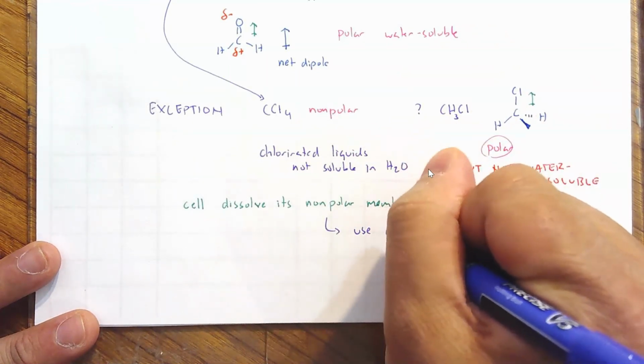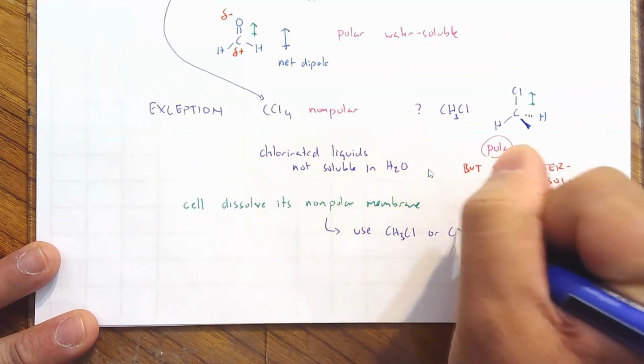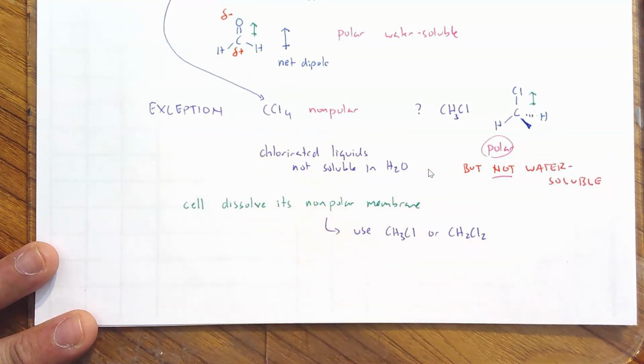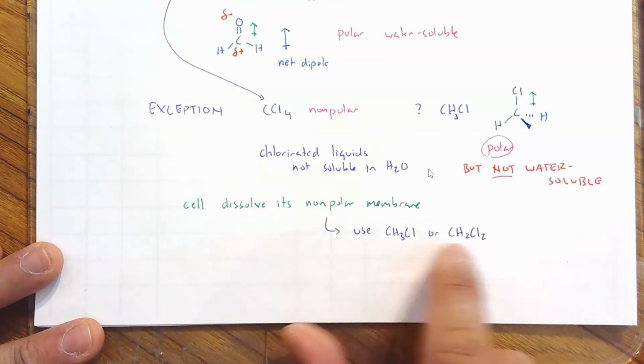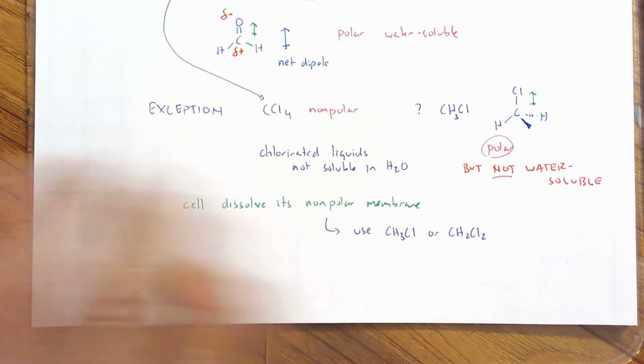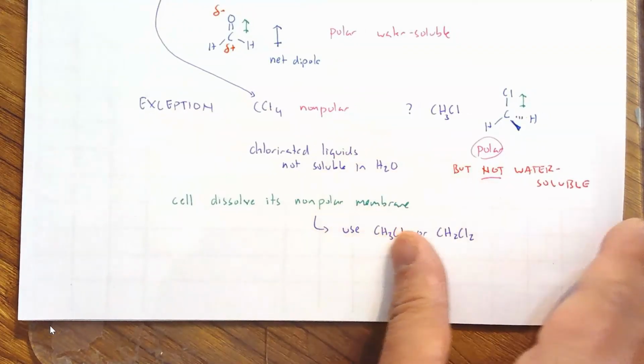Use CH3Cl or dichloromethane to dissolve the nonpolar membrane, even though this is polar. Actually, both are polar, according to geometry. Okay. There's one more example. Actually, let me just leave it at that.